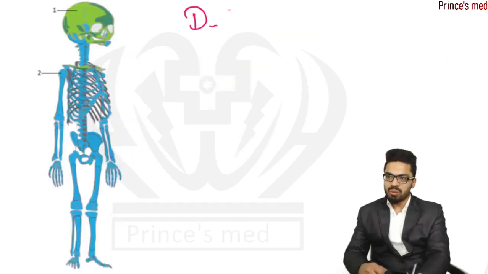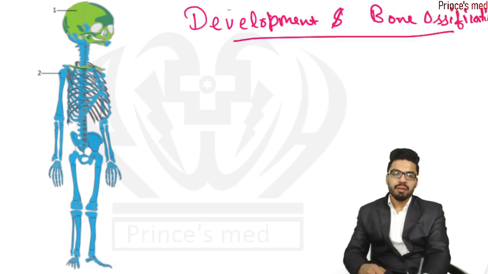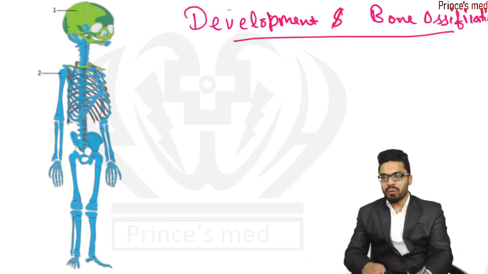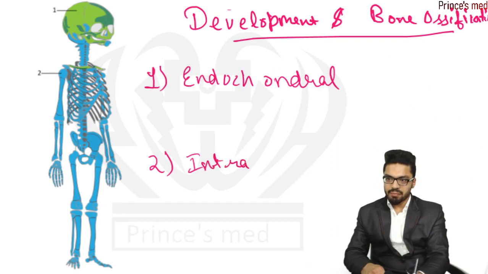Okay, next we will see development of bone, ossification. Bone ossification takes place by two means. First of all, endochondral ossification, and second is intramembranous.